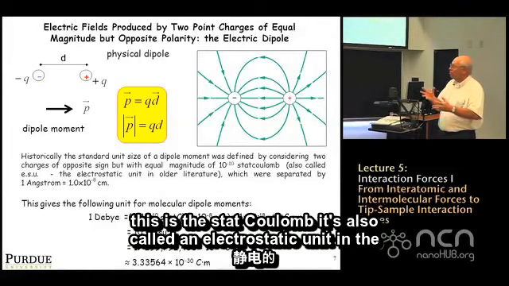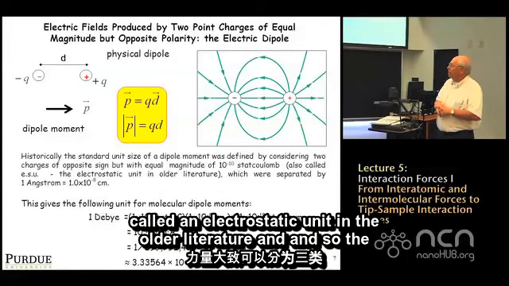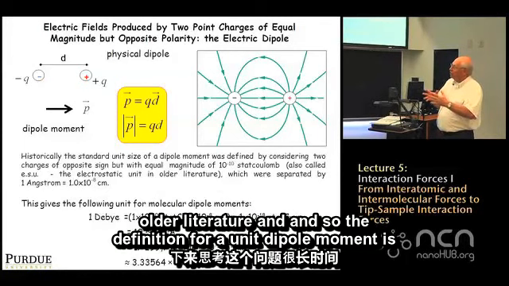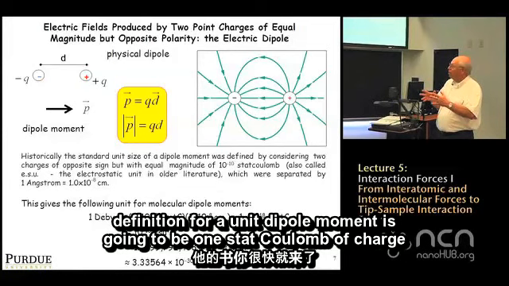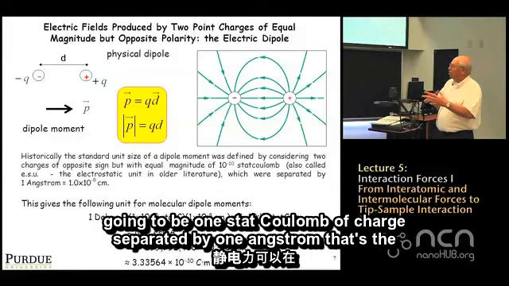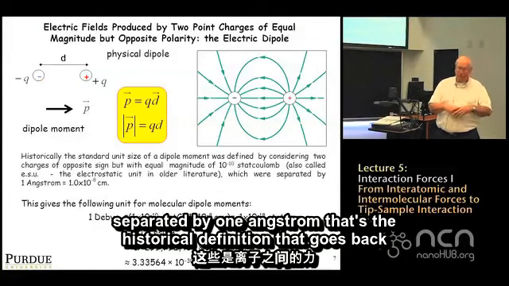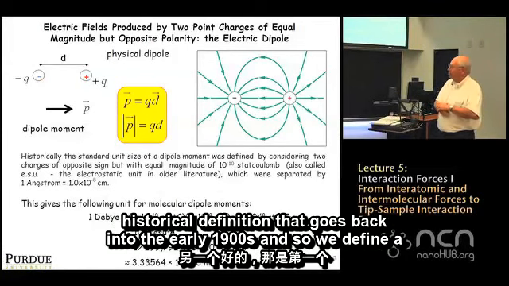It's also called an electrostatic unit in the older literature. The definition for a unit dipole moment is 1 stat coulomb of charge separated by 1 angstrom. That's the historical definition that goes back into the early 1900s.